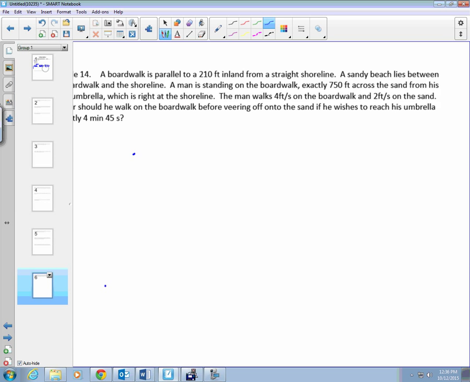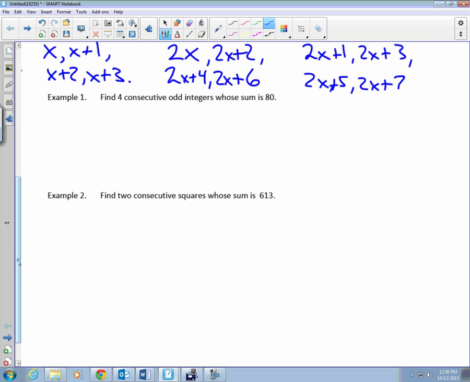So we have to write expressions, and part of your test will state that you have to write the mathematical expression that equates this. So 4 consecutive odd integers. My first odd one will be 2x plus 1, then 2x plus 3, then 2x plus 5, and finally 2x plus 7. It says find 4 consecutive whose sum is 80.